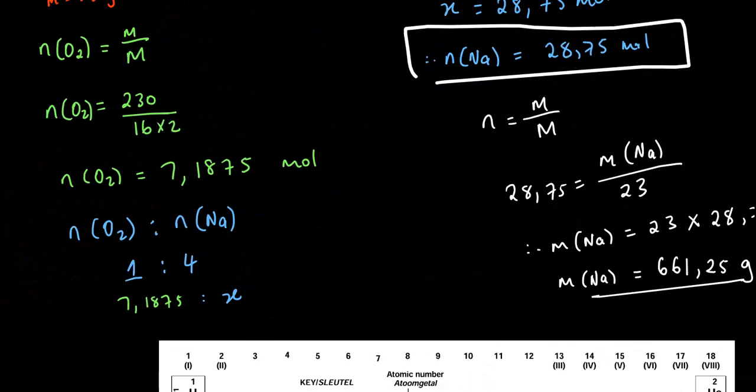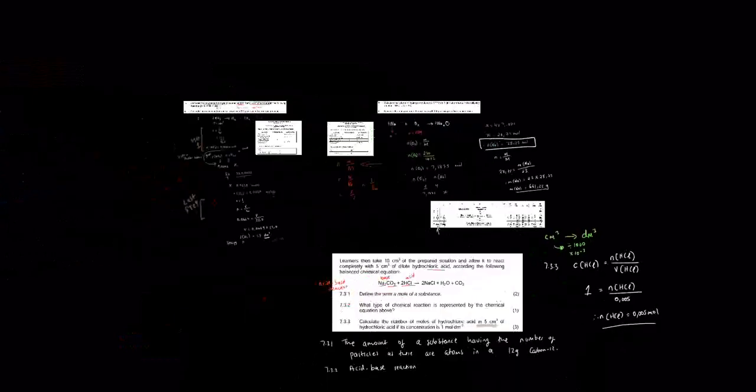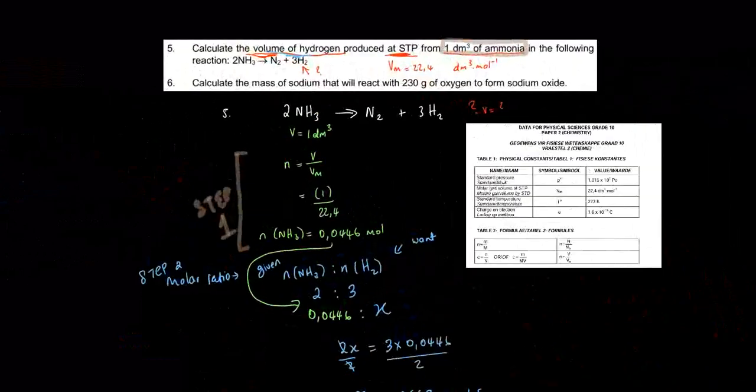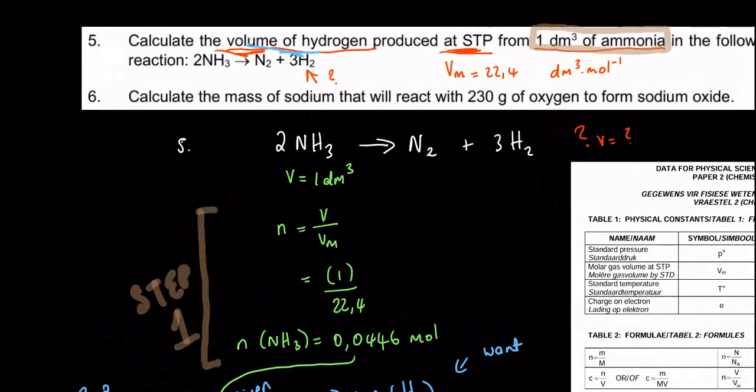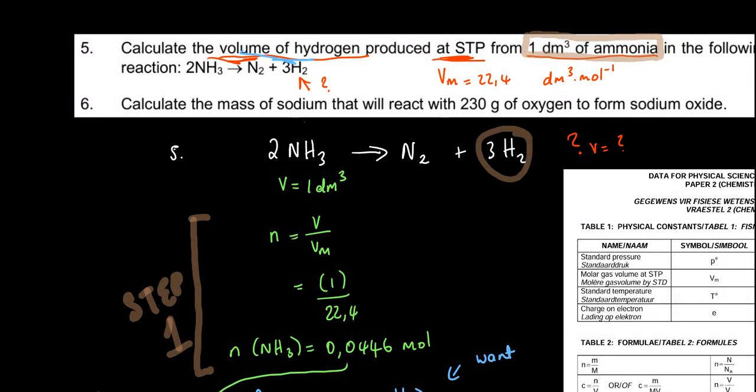And then let me show you on the previous one, that was still the same thing. On the previous one, we needed the volume of hydrogen, right? But we were not given the moles of that hydrogen. Instead, they just told us to find the volume of that hydrogen. So the thing is, we need to get the moles first, because, as you can remember from the last session, I told you that if you have the number of moles, you can get anything else.